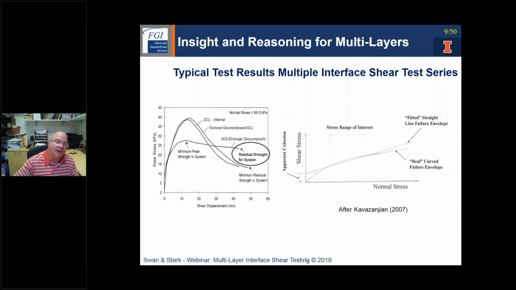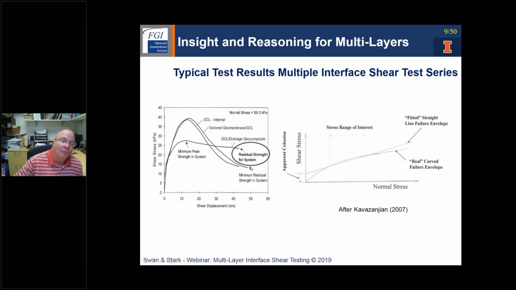So now what we see from a typical set of results is maybe a set of curves that look like this. This is now just an example, not necessarily reflecting the system I described, but you can see that as a function of normal stresses, we could have a failure occurring on the GCL drainage geocomposite, and then at other times failing internally in the GCL or on the textured geomembrane.